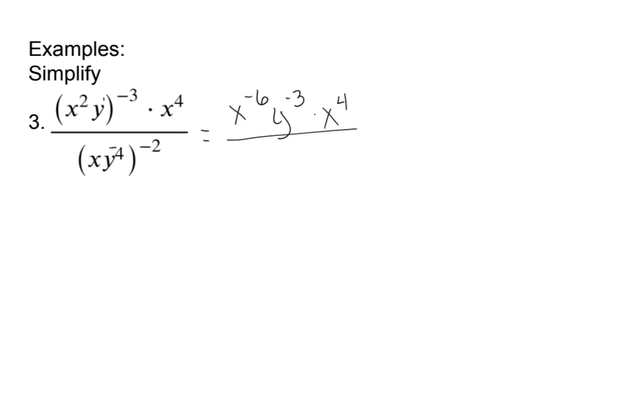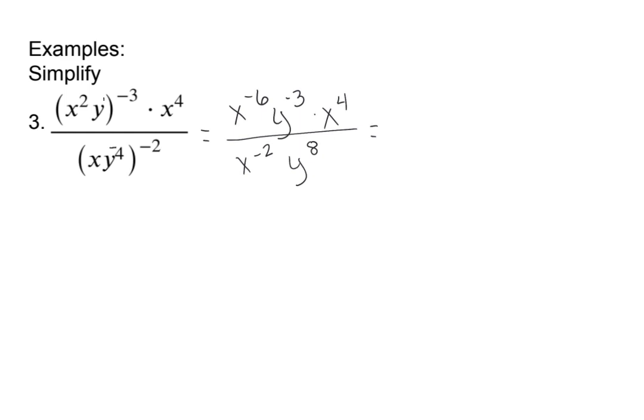On the bottom, I've got to pull a negative 2 through. So x technically has a 1. So 1 times negative 2 would be negative 2. The y has an exponent of negative 4. So when we do a negative times a negative, it's going to make this a positive 8. Okay, let's see what we want to do next.